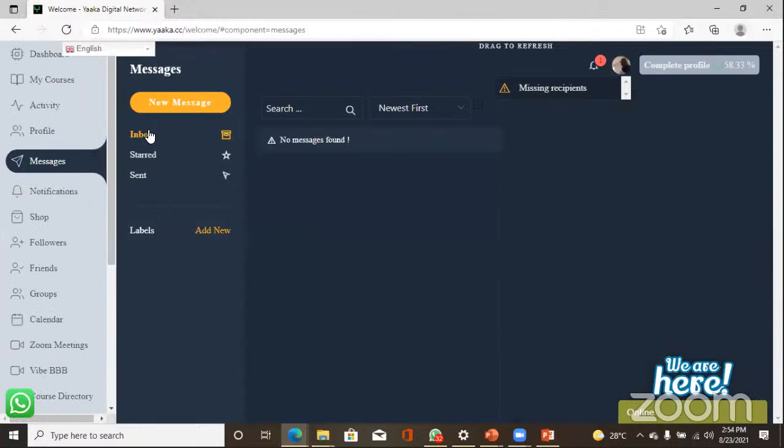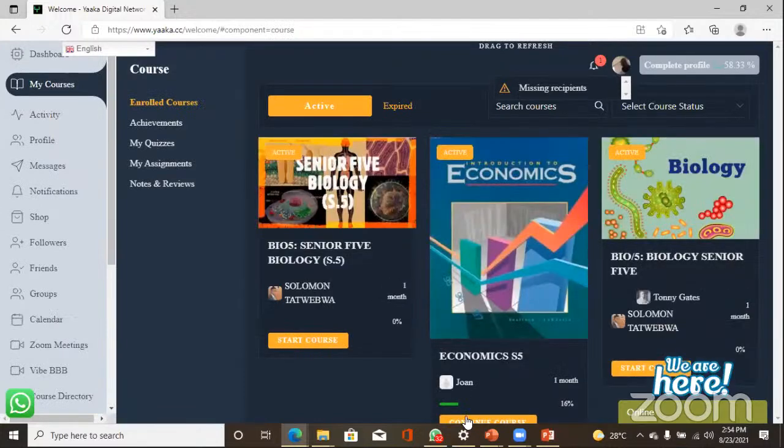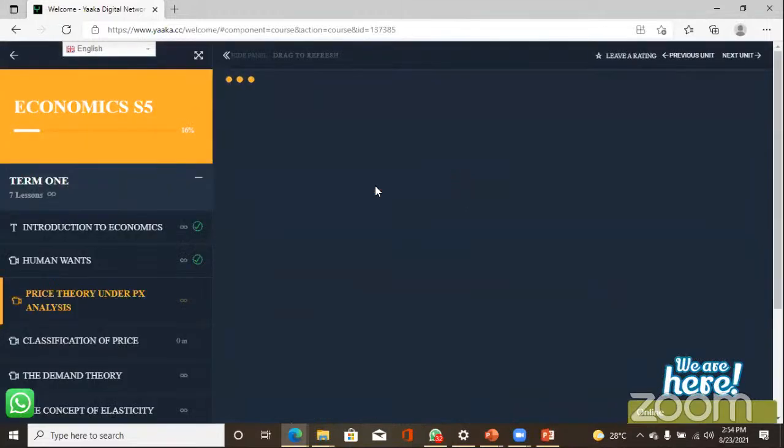Messages, inbox. Teacher, which one do you see there? No messages found. So teacher, I don't know what happened. Okay. Unfortunately, I'm not on the computer. I'm using the phone, but I'm going to send you the feedback on the site this evening. And if you don't see any message, you update me. Clear? Yes.